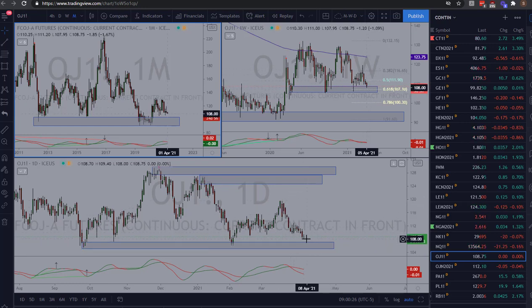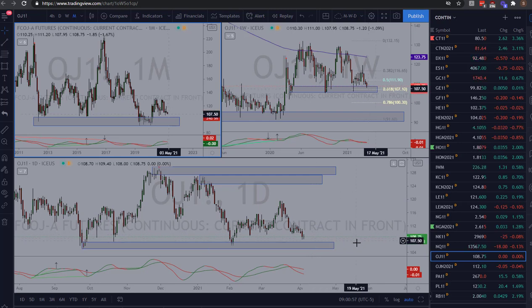We want to see some type of bullish reaction here, whether that's just a quick bounce on the retest, or we may have some consolidation here, and then we'll wait for our bullish confirmation signal, which would come in the form of some type of bullish candlestick pattern, such as an engulfing or other pin bar type move off of these levels.